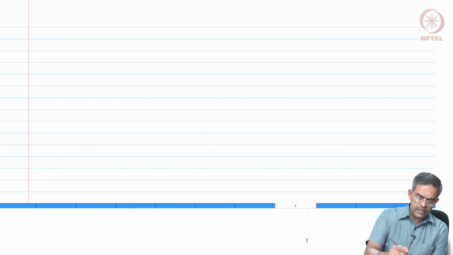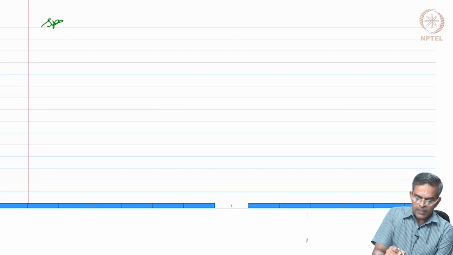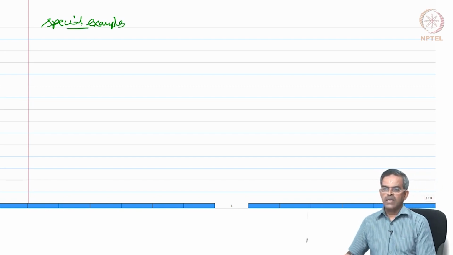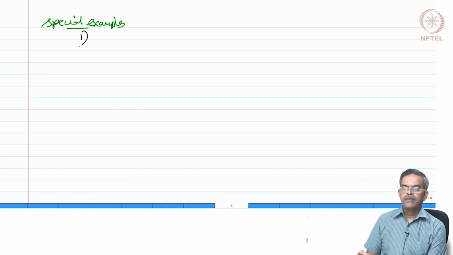let us now look at examples where some tricky iteration is also involved. Let us do special examples where obtaining the collapse load is not that easy, slightly tricky. We will take an example 1.